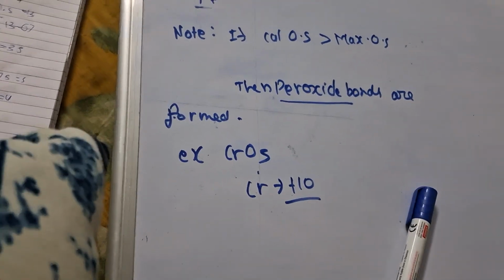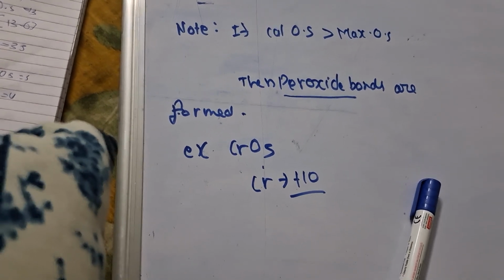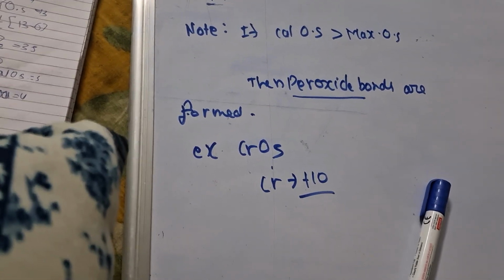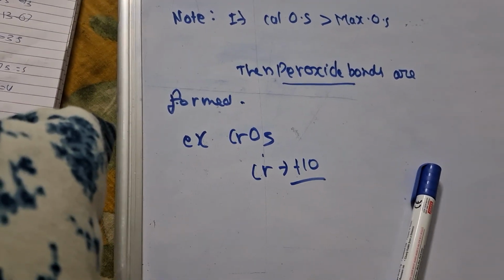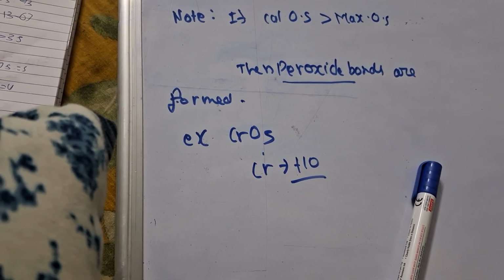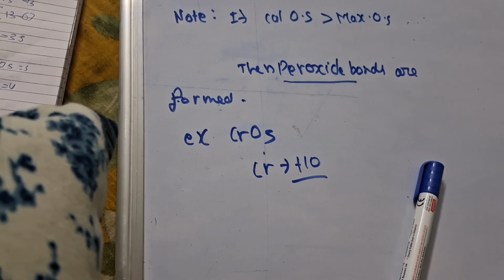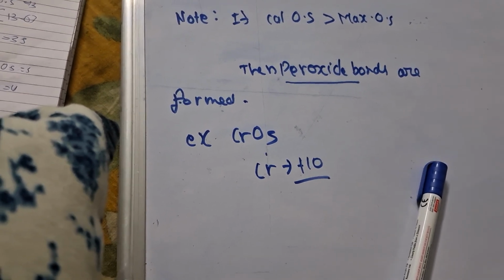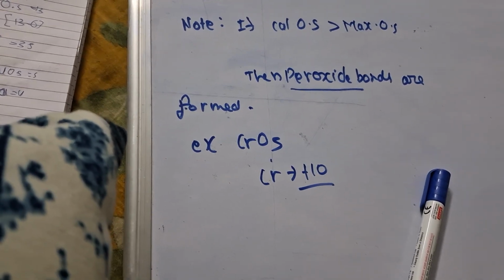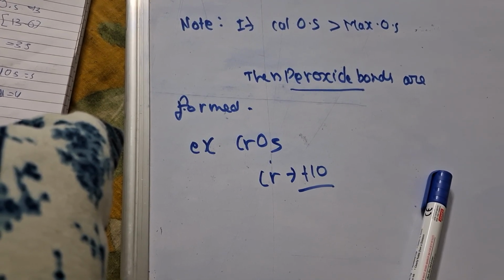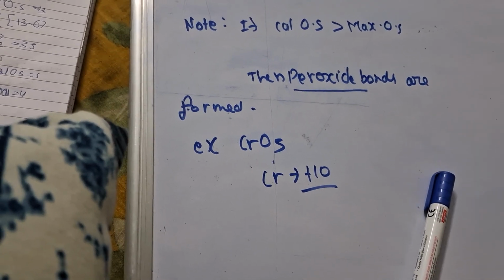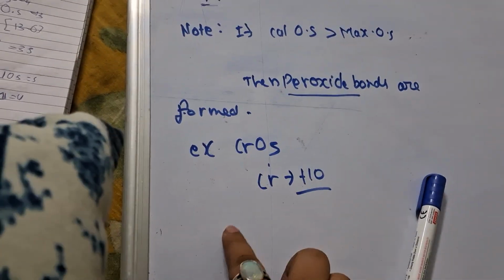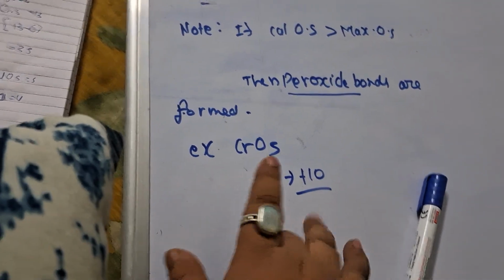Yeah, but the maximum oxidation state for chromium is +5. Oh, I mean +6, I think. Yep. The highest oxidation state for chromium is +6.